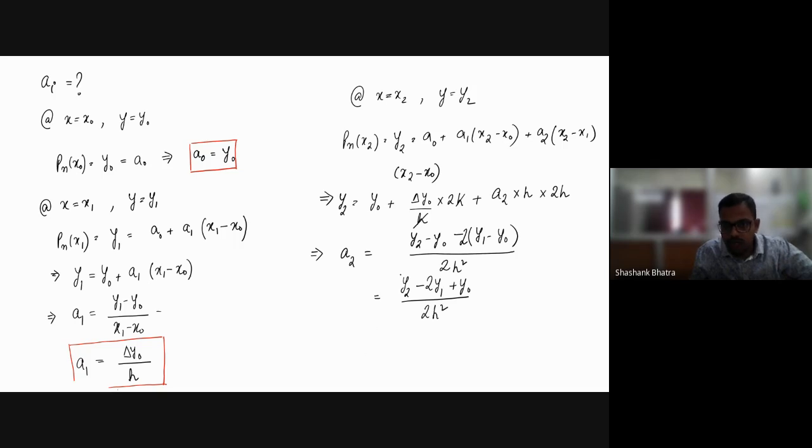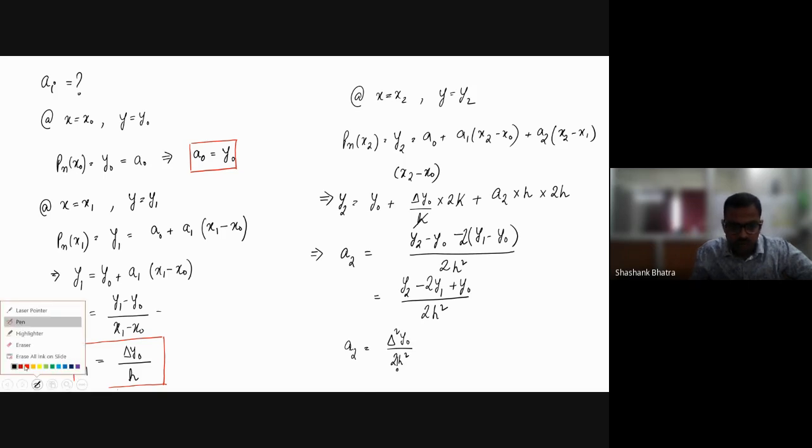And this is the expression for the second order forward difference, right? So a2 can be expressed as delta 2 y naught upon 2h square. This 2 can be written as factorial 2.